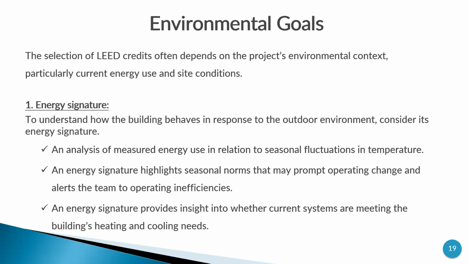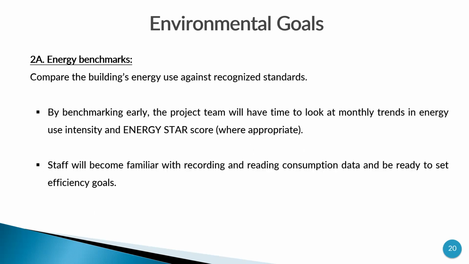An energy signature provides insight into whether current systems are meeting the building's heating and cooling loads. So basically, all these elements are used in designing using this energy signature.